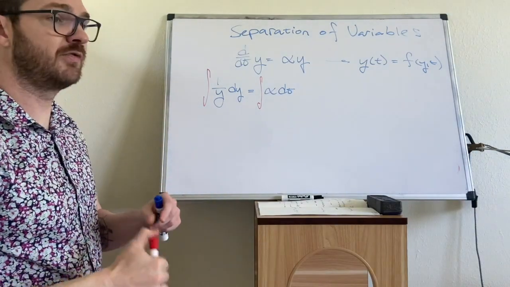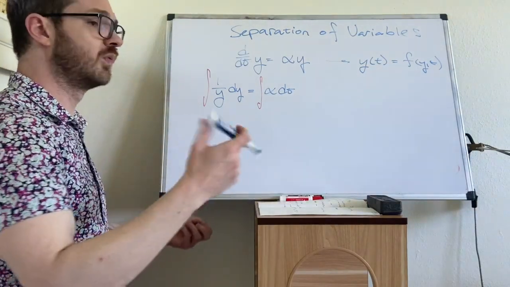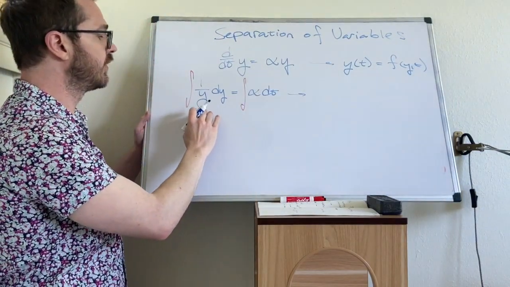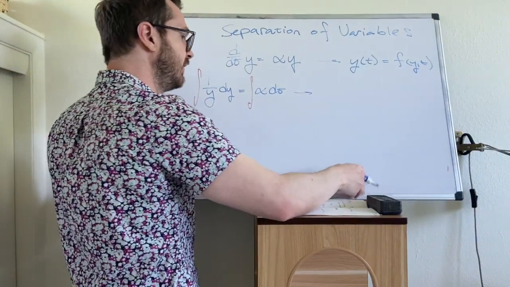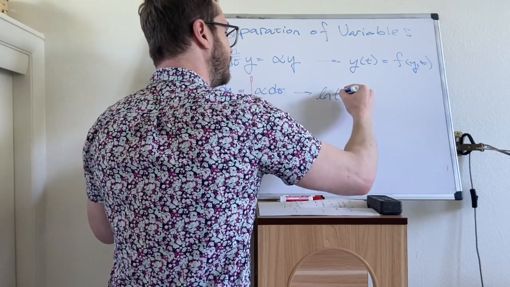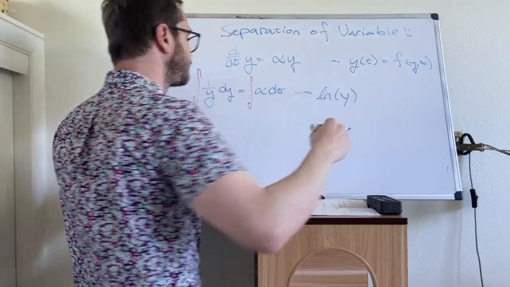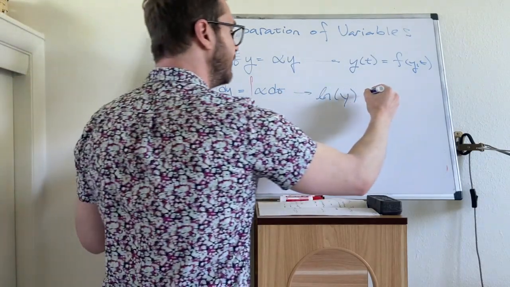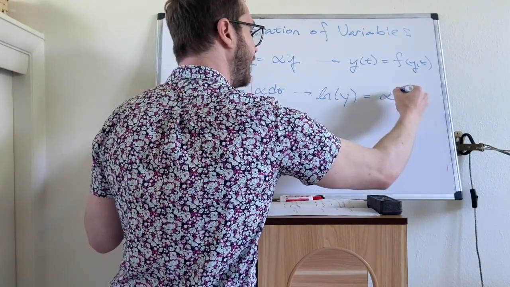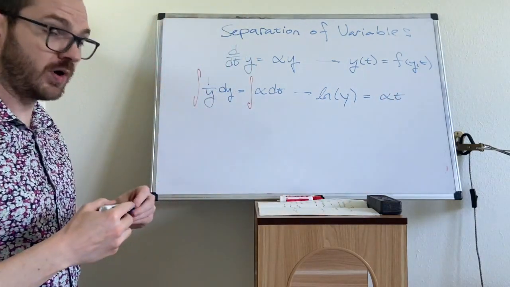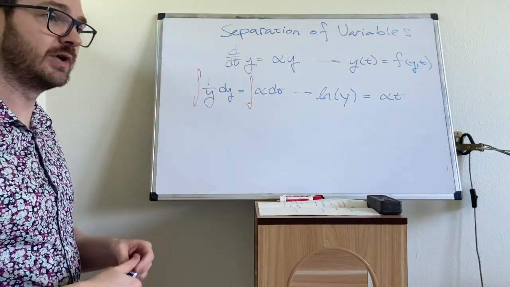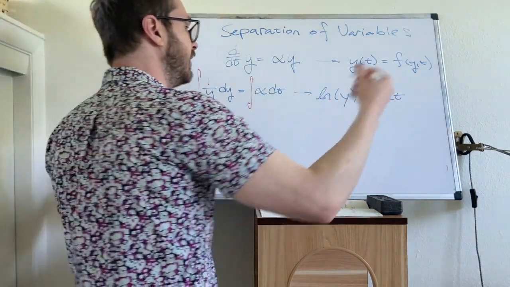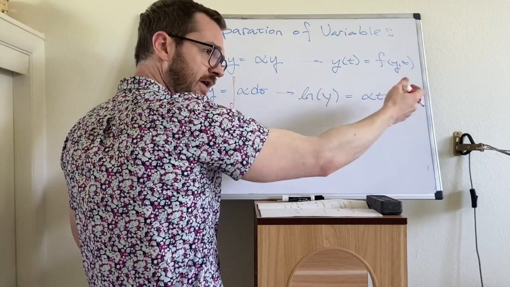If we integrate both sides of the equation, what are we going to have? Well, this becomes the integral of 1 over y dy. This is the natural log of y. The integral of alpha dt is alpha t. Now, we also know that when you integrate, you're going to get integration constants. So which side should we add the integration constant to?